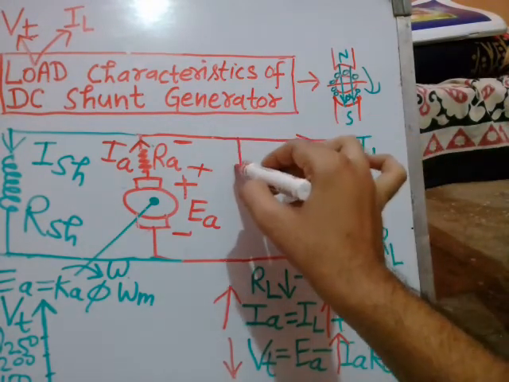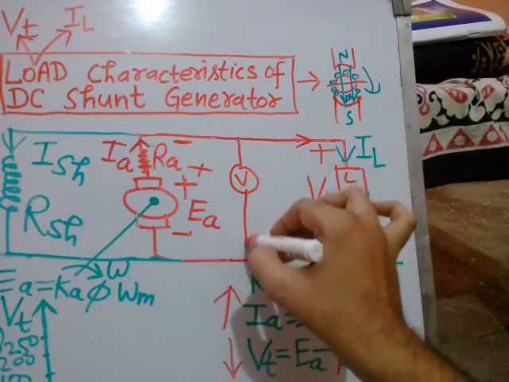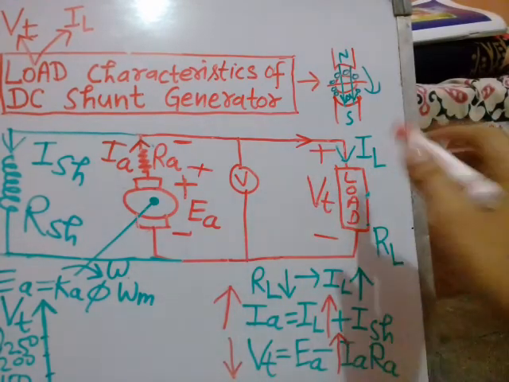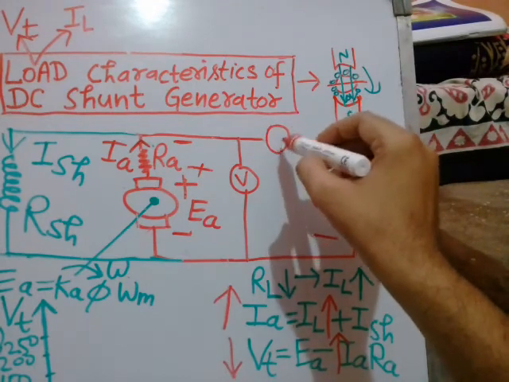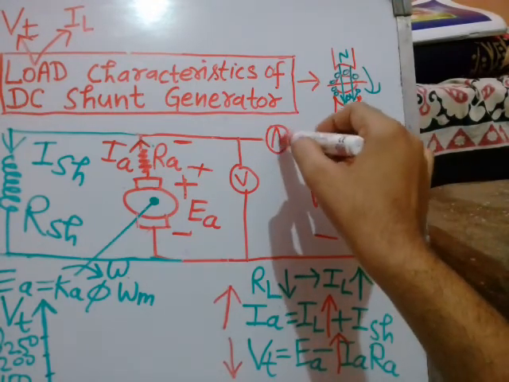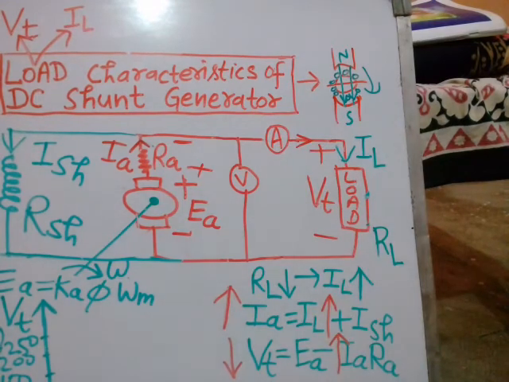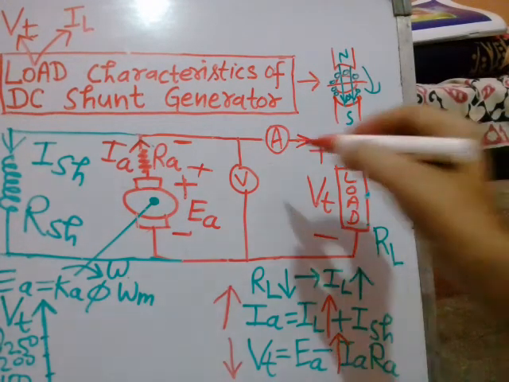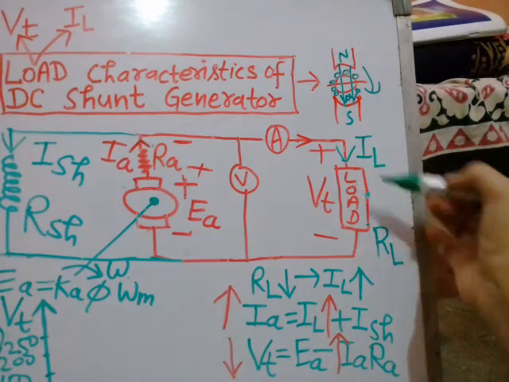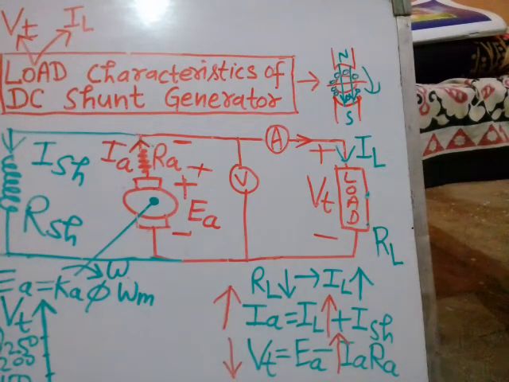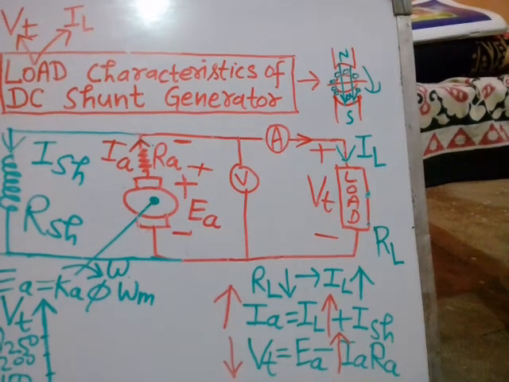Suppose you have connected a voltmeter here for measuring this Vt, the terminal voltage across the load, and an ammeter in series with this load, then it will measure this load current IL. Now you can measure both Vt and IL, and once you take readings at 3-4 changing values of the load, you can easily sketch the graph between Vt and IL.